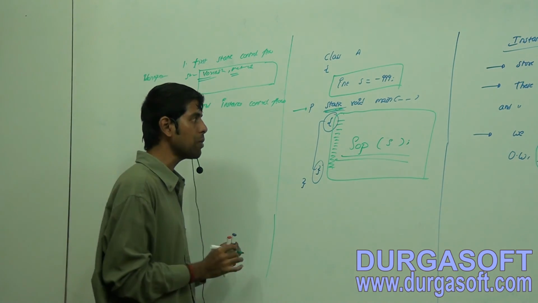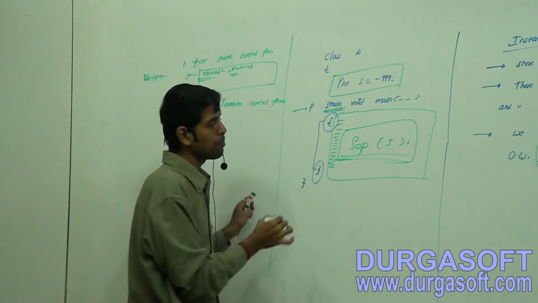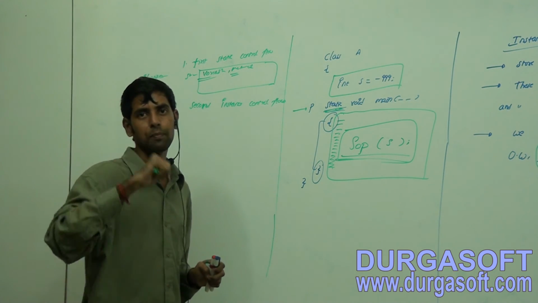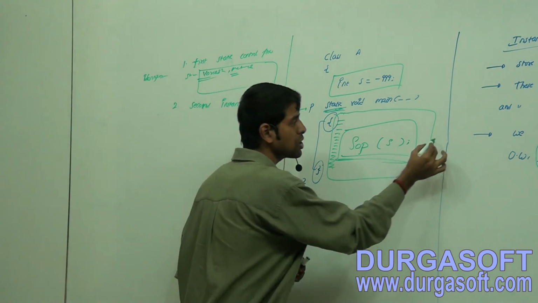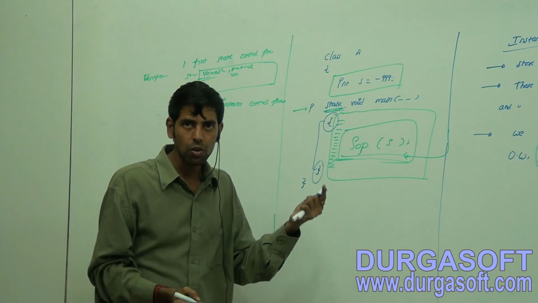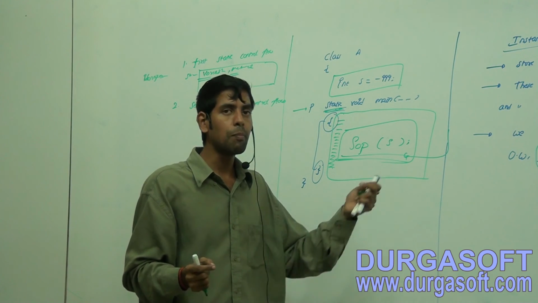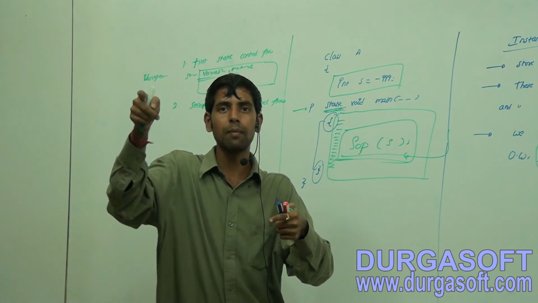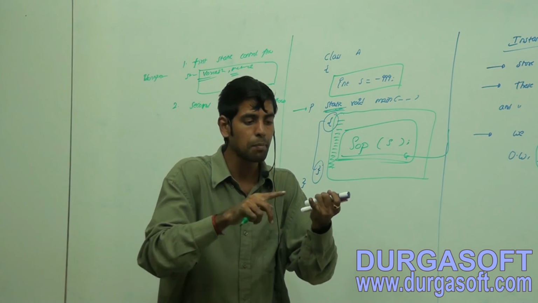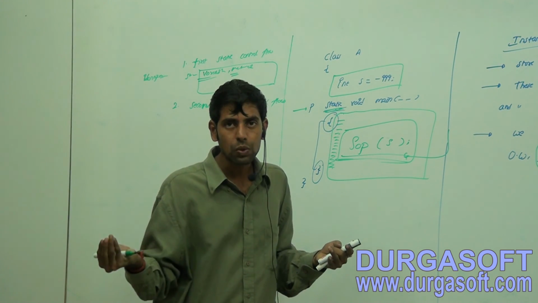Now how many instructions were there within this static method? One instruction. What is that instruction? The compiler will check first, then the JVM will come and execute. So here the compiler is helping the JVM. I'm integrating the compilation flow and also the JVM execution flow.